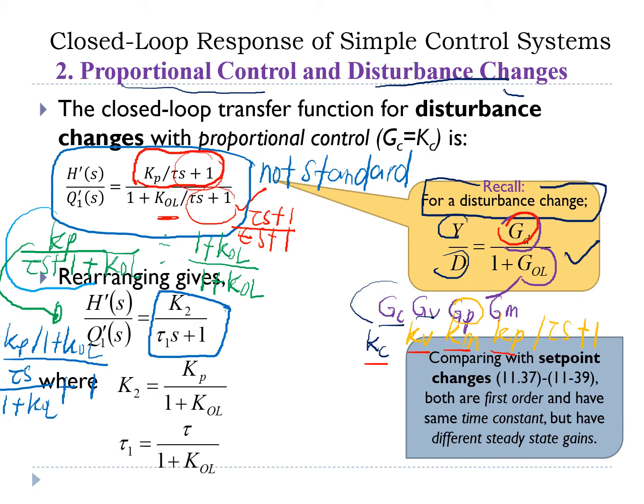So your gain is Kd over 1 plus KOL, and your tau 1 is equal to tau over 1 plus KOL.